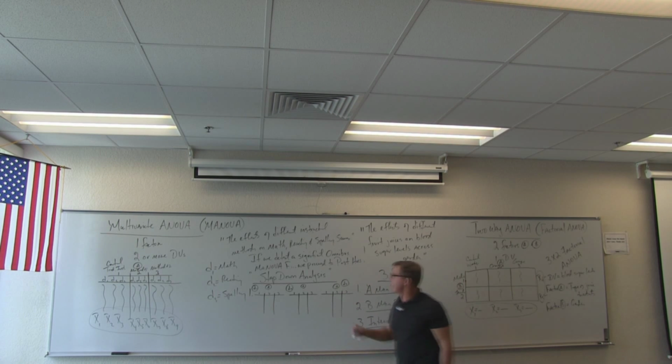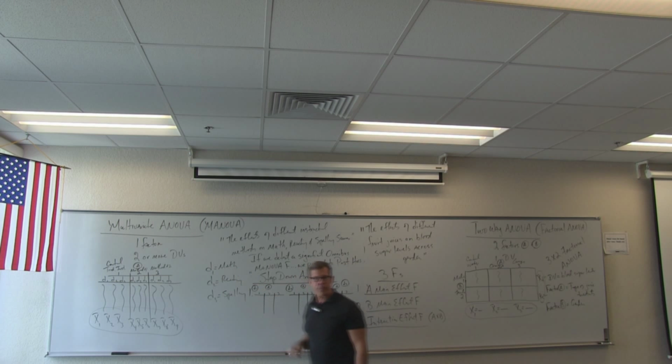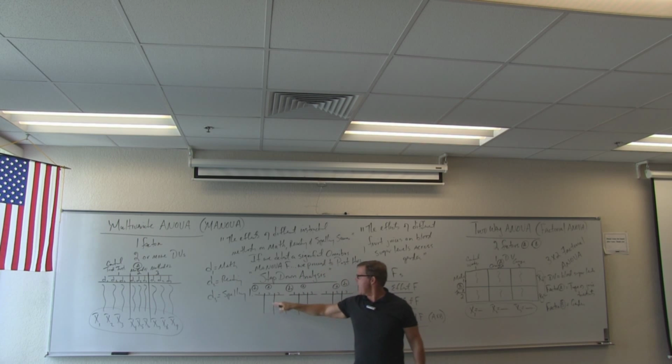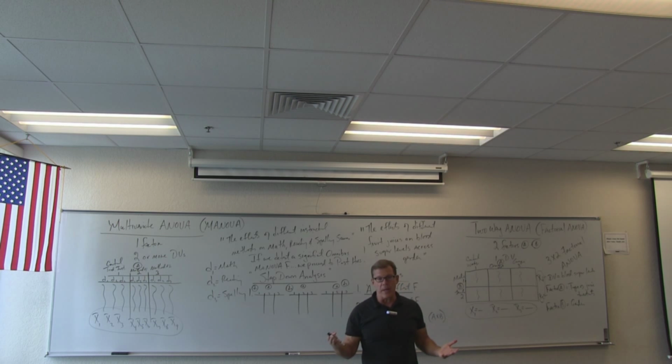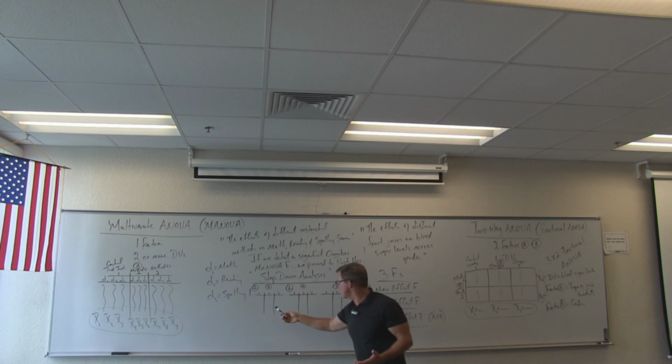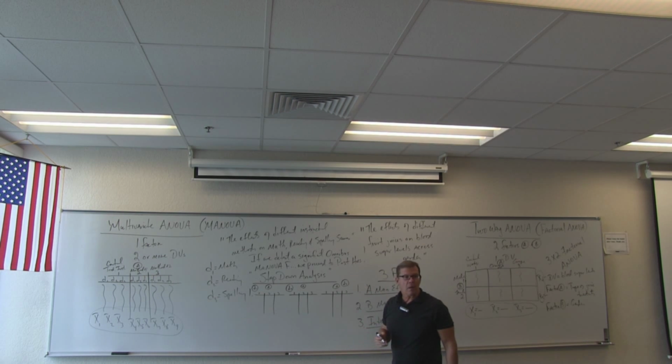Let's start with D1, which is math. If I detect, on this little one-way ANOVA, a significant omnibus F, what's my next step? Post hoc test in the form of Tukey or Scheffé or Dunn or Bonferroni. I treat these just like I would any other one-way ANOVA.